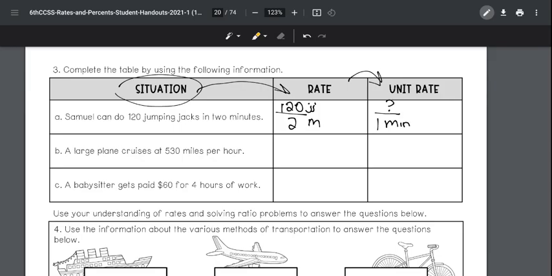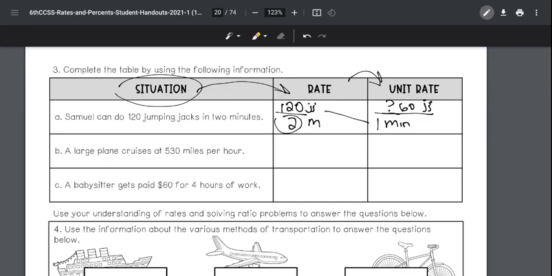So cross multiply and divide. 120 times 1 is 120. 120 divided by 2 is 60. Okay, so our unit rate is 60 jumping jacks over 1 minute. Okay, 60 jumping jacks per minute.